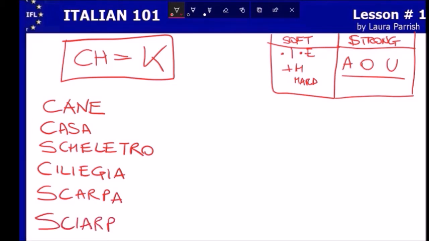Sciarpa, that is a scarf. Scarf, you know, that you use in the winter time, for example. Then we have gatto. We have geografia. Geografia means geography. Gatto instead means cat.